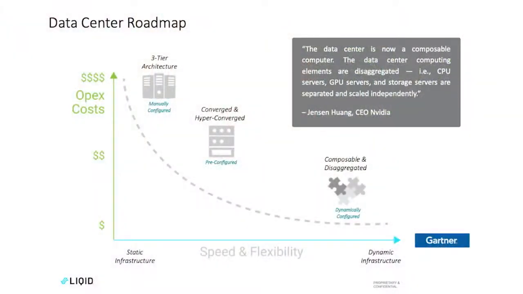The slide that we're showing here is around the evolution of the data center. The two key takeaways that we want to share from this slide is, number one, there is a transformation happening inside the data center. We are moving from statically configured infrastructure, which is actually configured at the point of purchase, to dynamically configurable infrastructure driven by software-defined everything. And today, the big buzzword in the industry is around technologies like hyperconvergence.